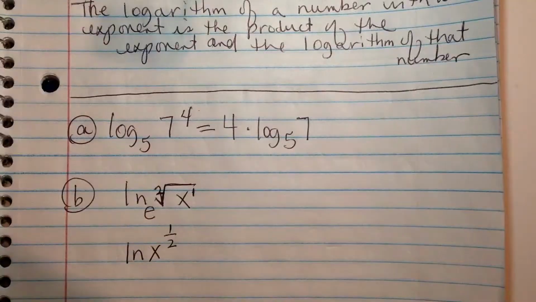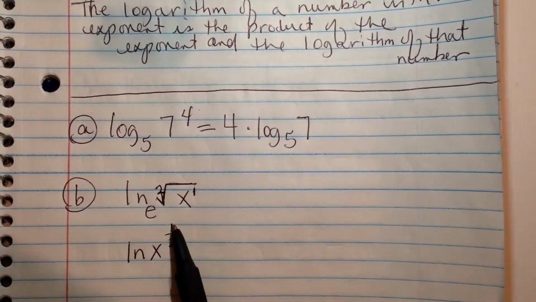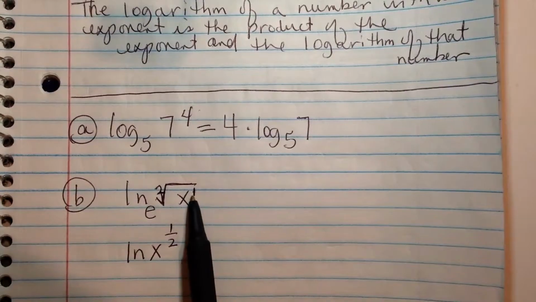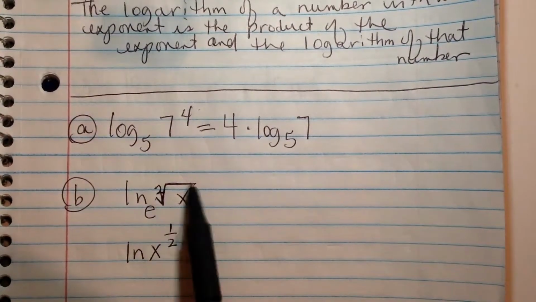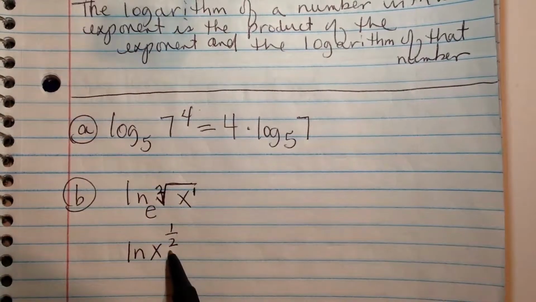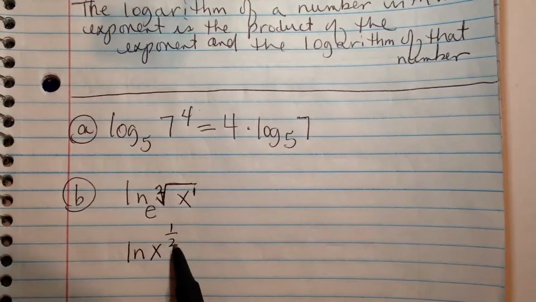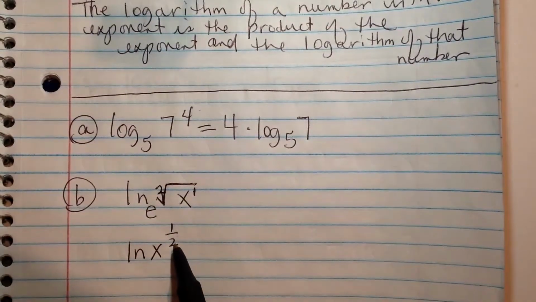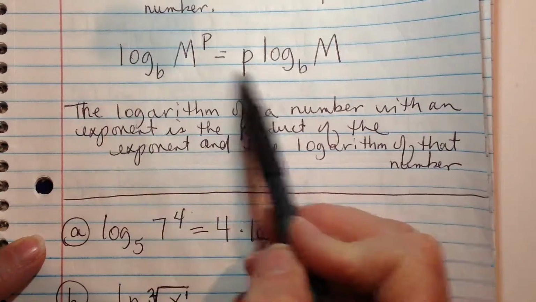Remember, ln of x to the 1/2 power. Power over root. We had to change the radical to exponential. Okay, so now we have ln of x to the 1/2 power. Now using the power rule, bring the exponent to the front.